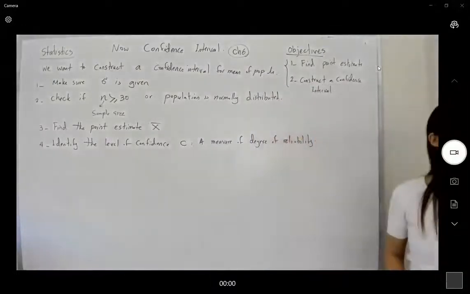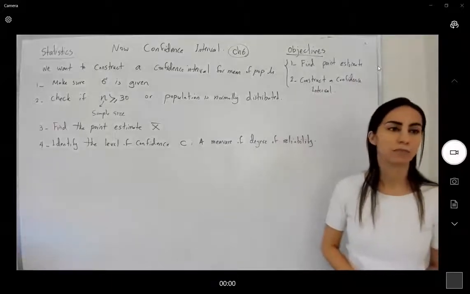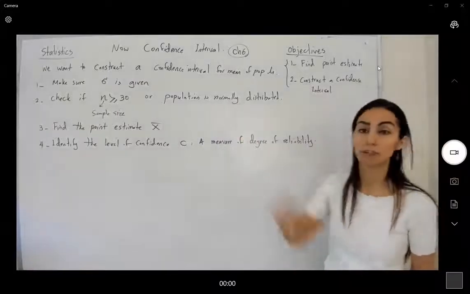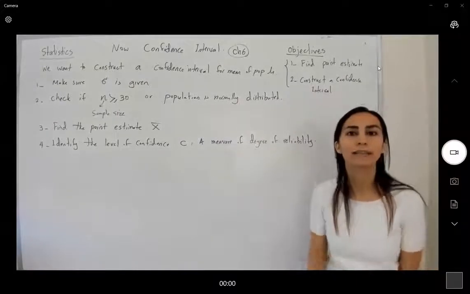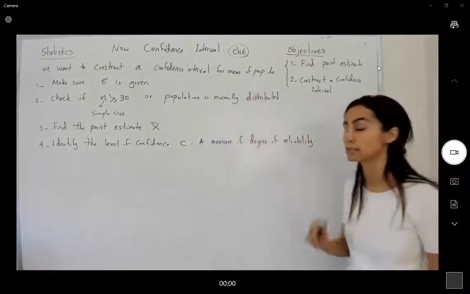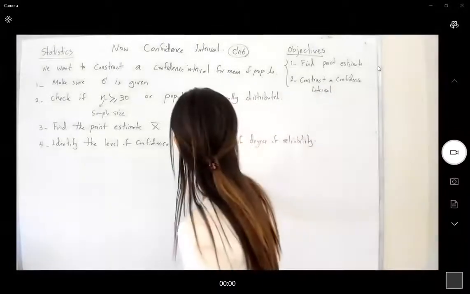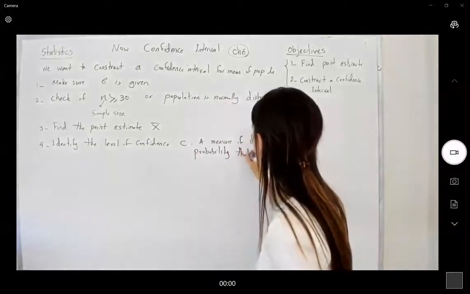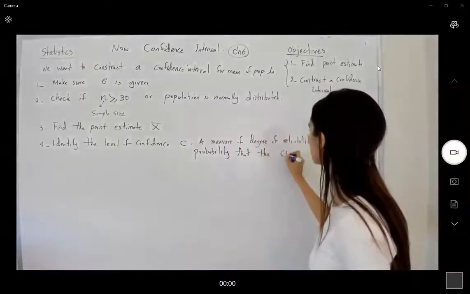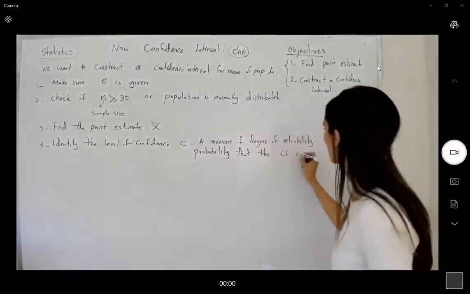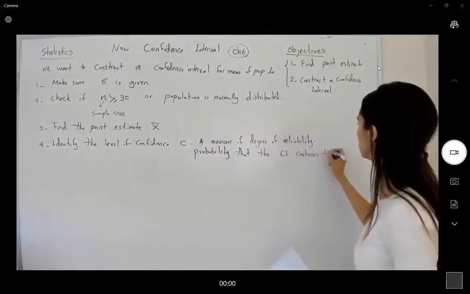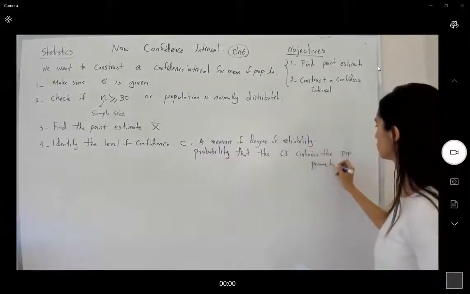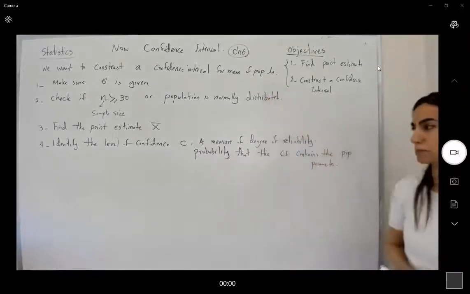Or you can say that it's the probability that the confidence interval that you're constructing actually contains the population parameter, which in this case is your mean.